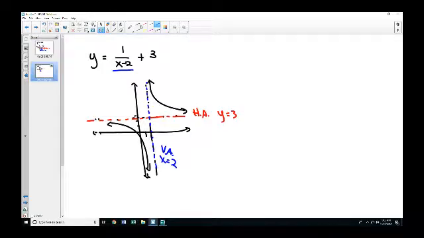And then what makes a plus 3? Moves up 3. That's your horizontal asymptote. So algebraically, you can just look at that parent function formatted equation and get your answers. If you need to graph it, have at it, but you don't have to in that case.